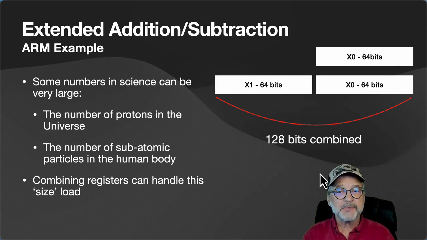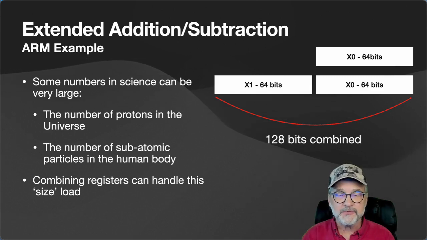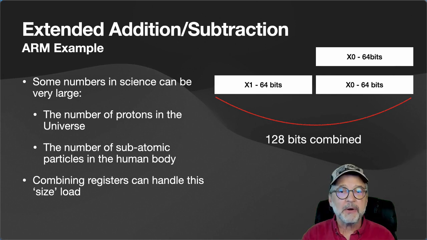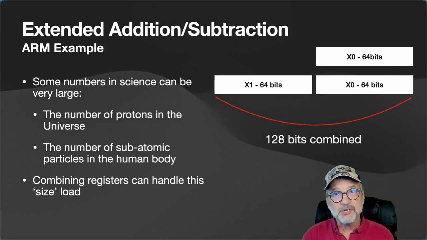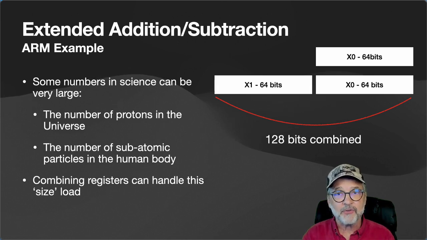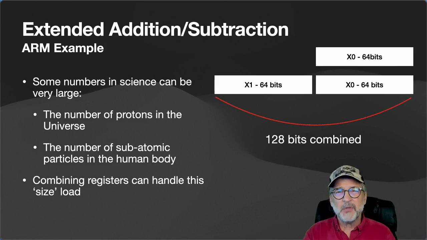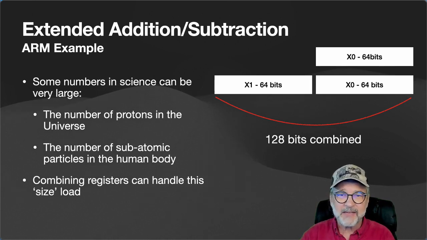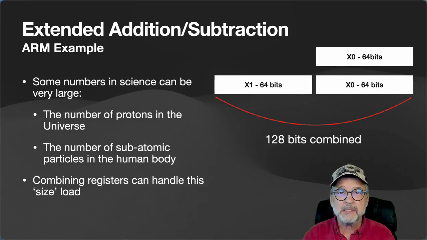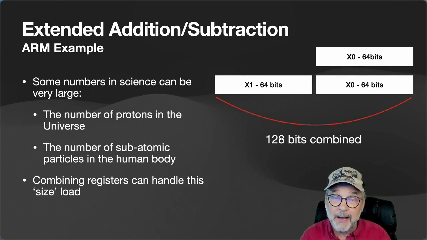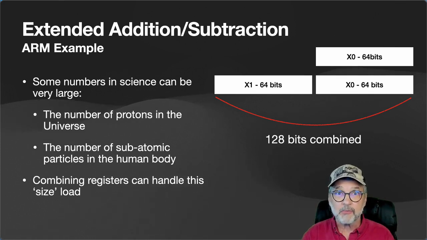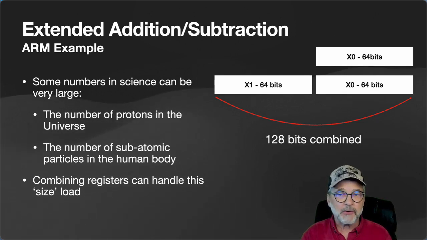So some numbers in science can be very, very large. The number of protons in the universe, the number of subatomic particles in the human body. Just the number of atoms in the average human body is 10 to the 27th. Huge number. And then if you multiply that by 7 billion, which is the number of human beings on the planet, because you've been given the job to keep track of the number of atoms that humans are using up on the Earth, that number gets absolutely staggeringly large.